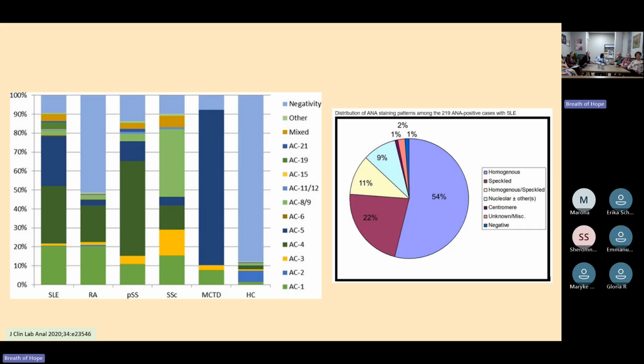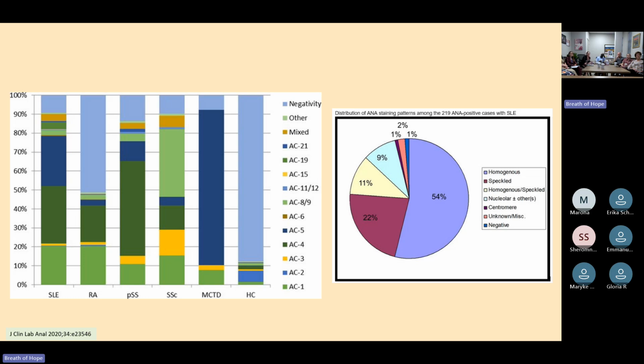For example, over here, this one is AC4, nuclear fine speckled. In rheumatoid arthritis, about half might be ANA negative, but quite a lot of them are AC1 as well, and the others AC4. In fact, AC4 is a very common pattern that you see.